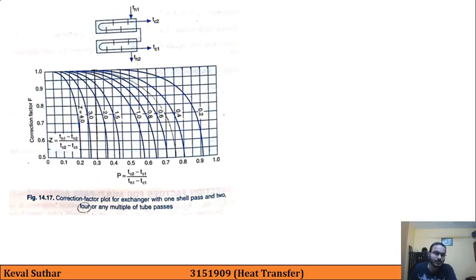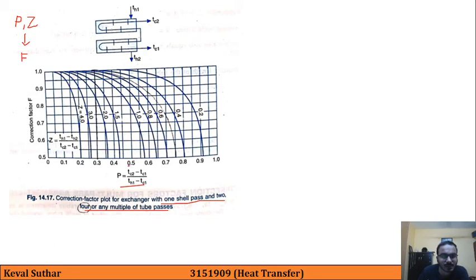So here, as I was telling you, we are having two values P and Z, and our objective is, based on these two, we need to calculate the correction factor F. This correction factor in this figure is for exchanger with one shell pass, 2, 4 or any multiple tube passes. So here P is on the horizontal axis, Z is given with these curves.